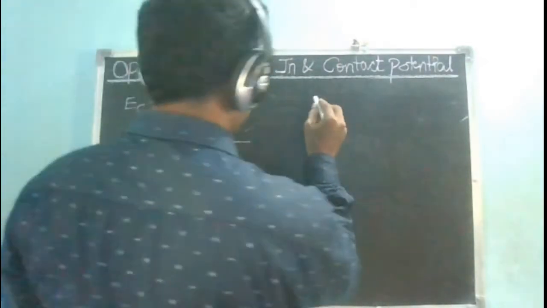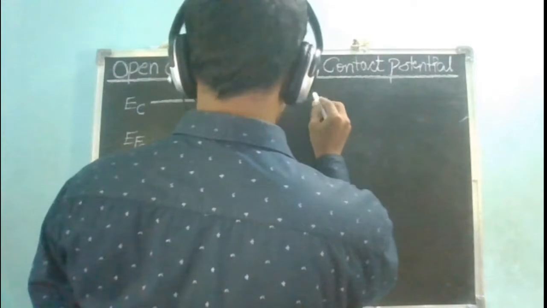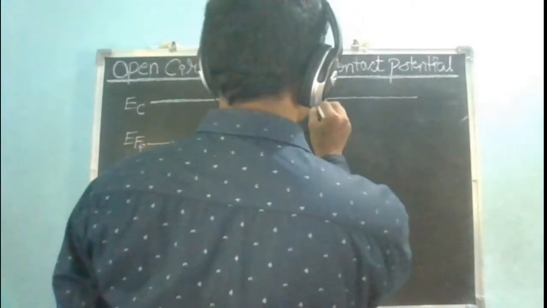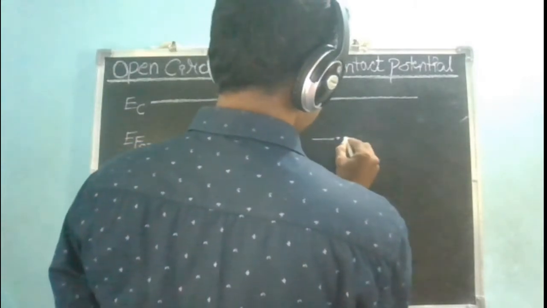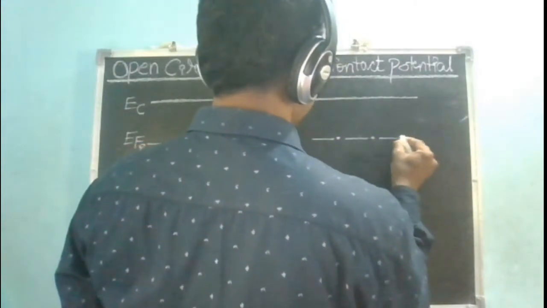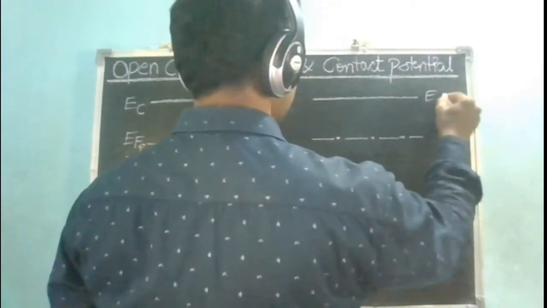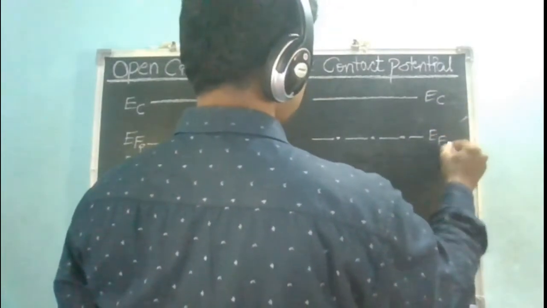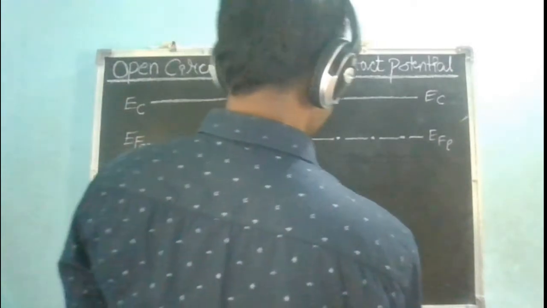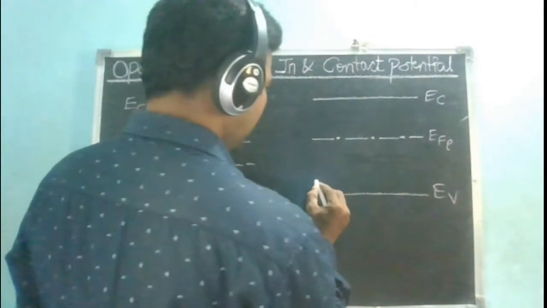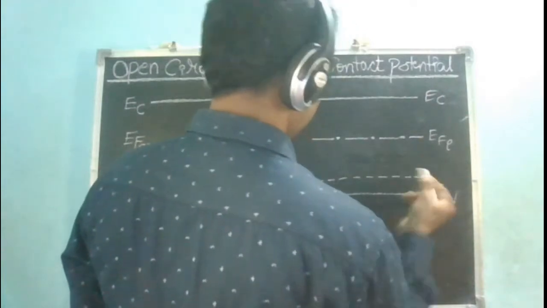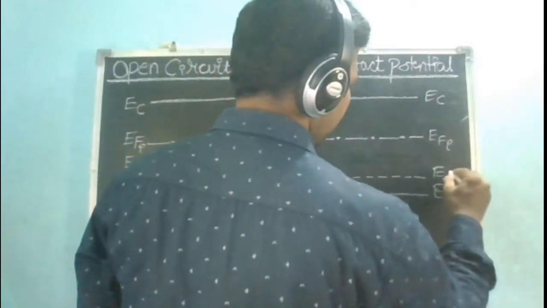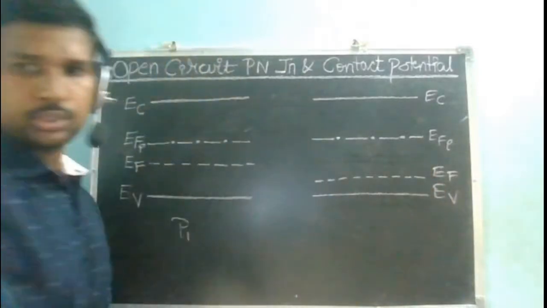I am having one more p-type semiconductor. Let me denote it in a similar way to how I denoted P1. This is EC, EFI, and let this be EV. My Fermi energy level EF is shown somewhere here.